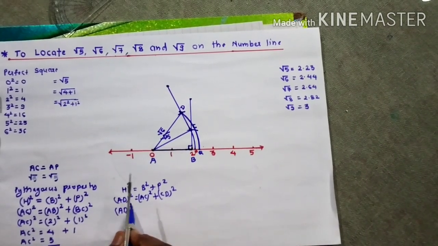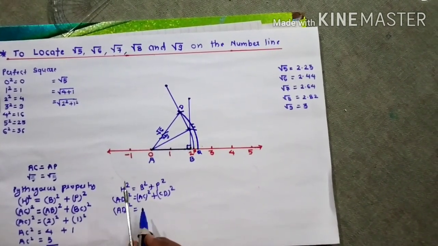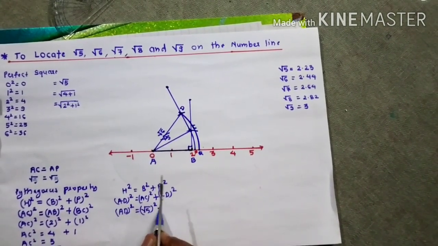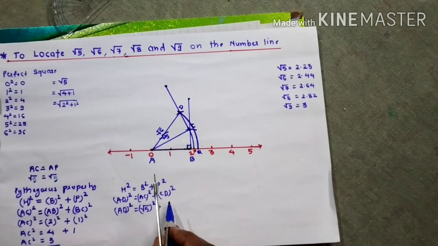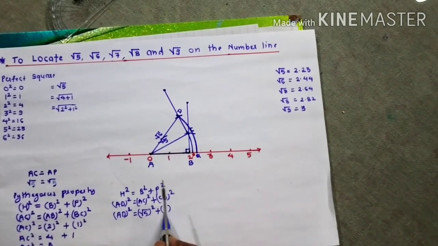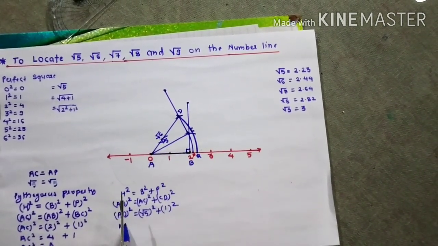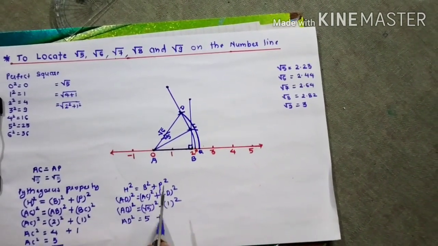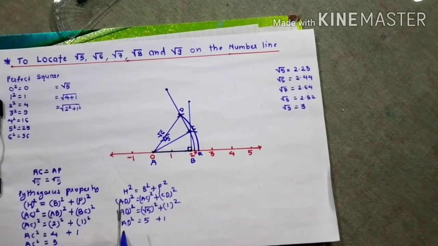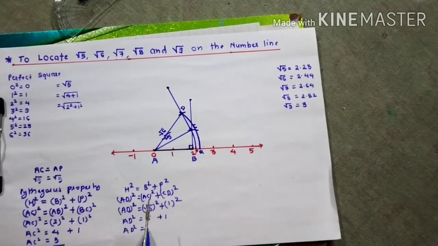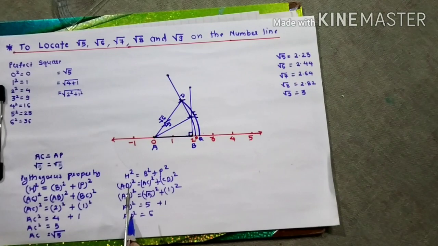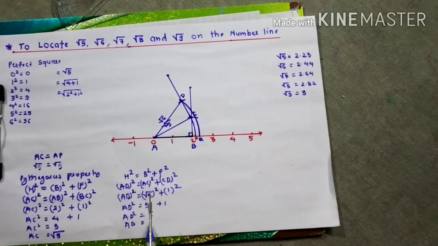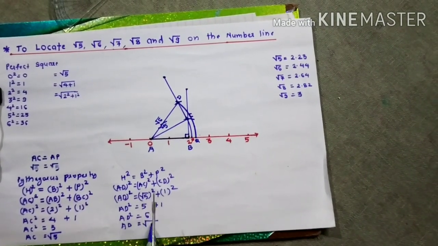AD square is equal to AC square, root 5 square, plus CD, 1 square. AD square is equal to root 5 square, which is 5, plus 1 square, which is 1. So AD square is equal to 5 plus 1, 6. So the square I will bring to the right hand side. So AD is equal to under root 6.